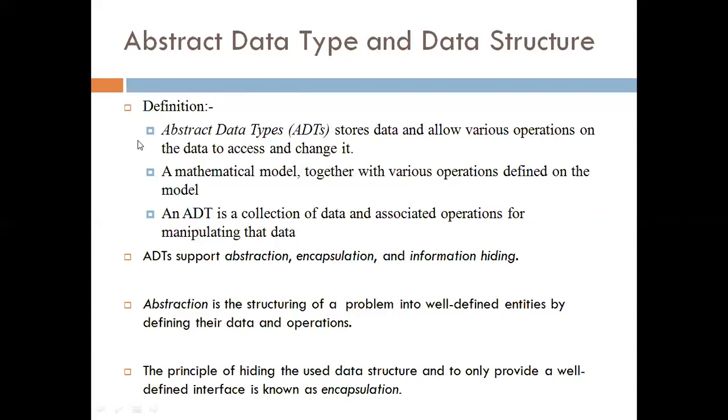So we can understand abstract data type as a mathematical model together with various operations defined on that model. So abstract data type is a kind of logical phenomenon, a kind of mathematical or logical model. An abstract data type is a collection of data and associated operations for manipulating that data.